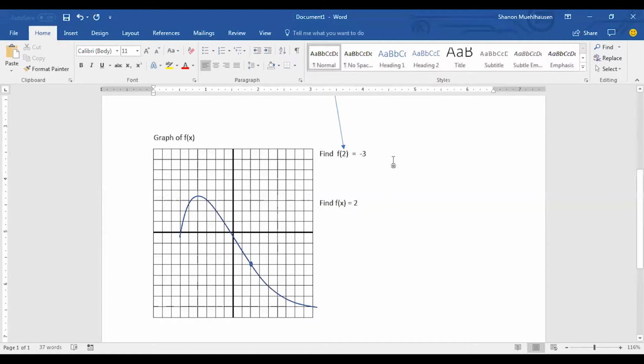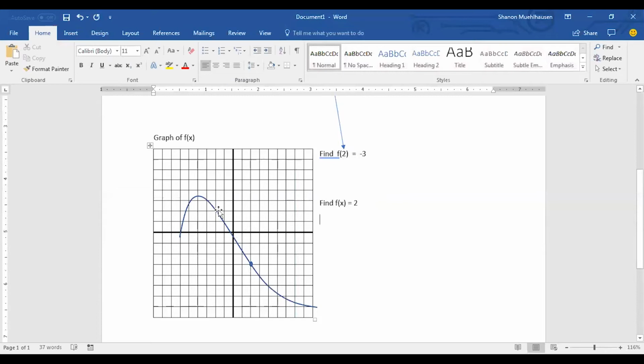The next question asks me the opposite. It says find f of x equals 2. I don't know what the x is, but I know that the y needs to come out at 2. So I'm going to go up to y is 2. I'm going to go along to my graph. Right here I see that my graph touches y is 2.